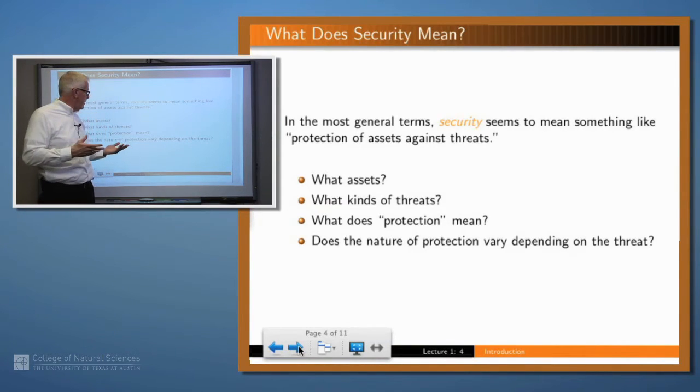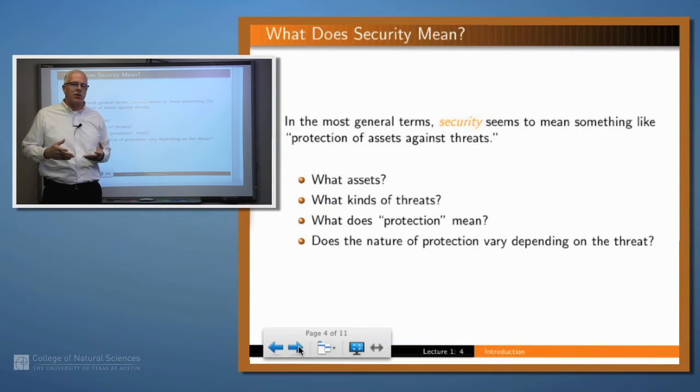Certainly in computer security, what assets are we protecting? Well, certainly we're protecting data, information. We also might be protecting software. And one might wonder whether there are any threats to the hardware of a computer.